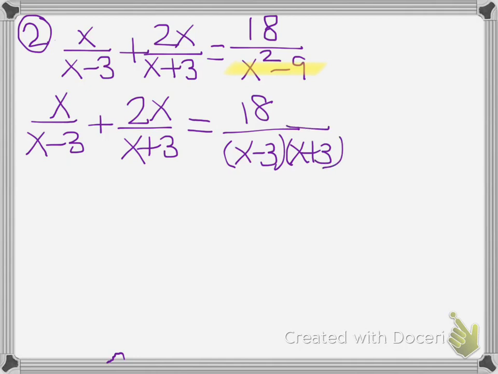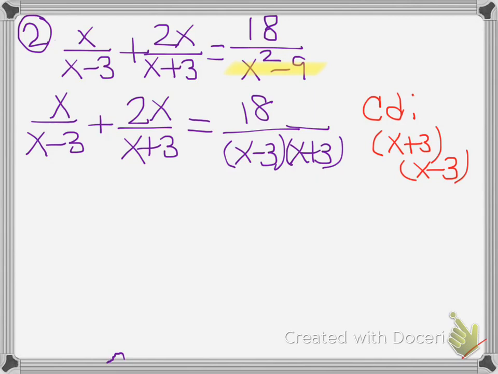So the idea here is we want to get a common denominator. And in this case, the easiest way to find a common denominator is to take every factor that you have and use it once. So our common denominator here, our CD, is x plus 3 times x minus 3.